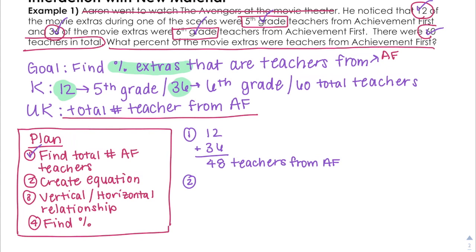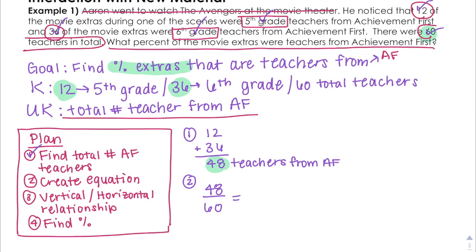We already figured out that there were 48 teachers specifically from Achievement First. We know that there were 60 teachers in total. So 60 is going to be our denominator because that's our total. And then the part, which is the number of teachers from Achievement First, goes on top, and that's 48.